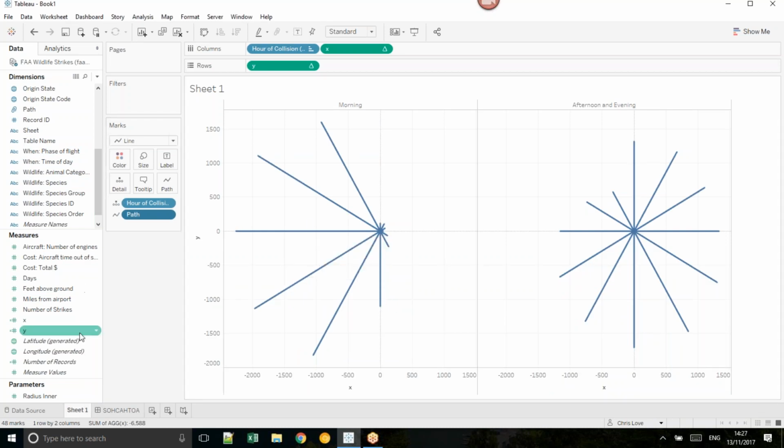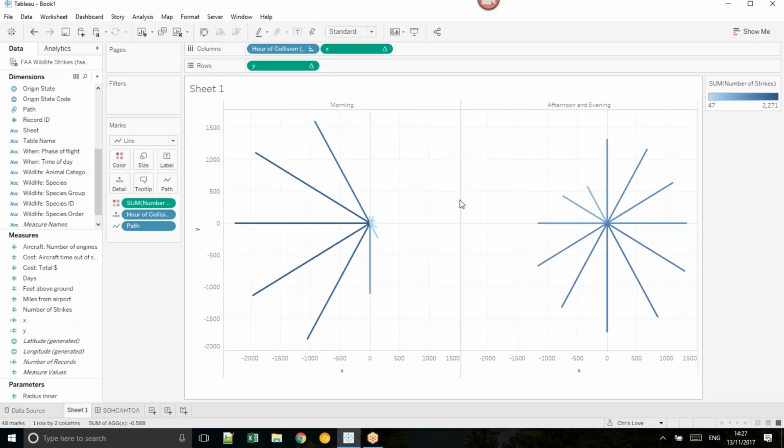And now I can put this number of strikes, say, onto colour. Give us this nice radial clock, and the length of the line tells us how many strikes they've done. Again, I want to create a Coxcomb, kind of a pie chart with the segment size telling me just how big the number of strikes are. So let's fix this.